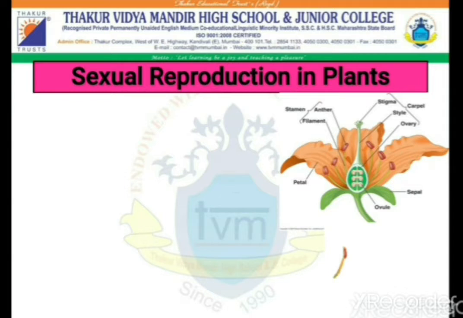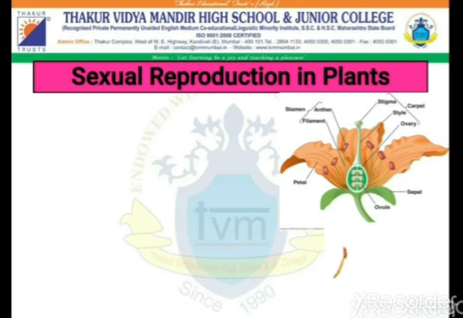But before starting with the reproductive parts, there are certain plants in which the flower is unisexual, because in plants, the flowers are considered the reproductive organ of that plant. So in some plants, the flowers are unisexual, that is, they contain only one gamete, either male gamete or female gamete.